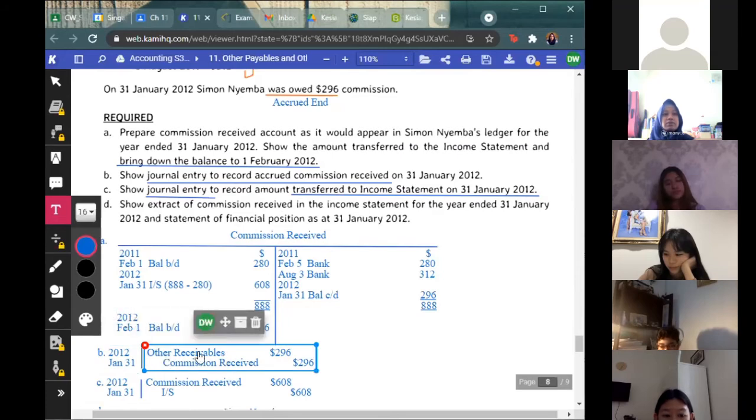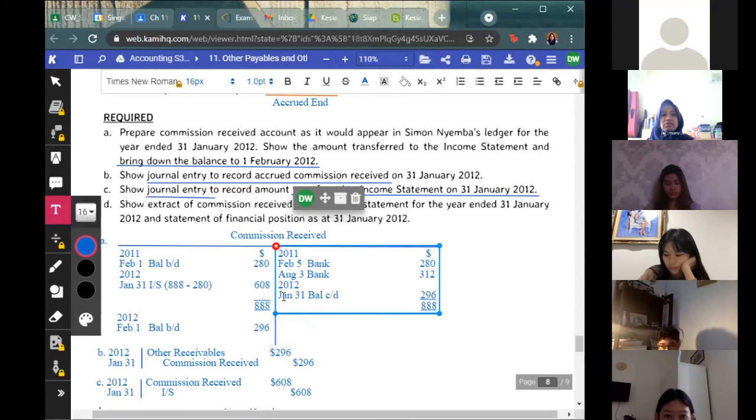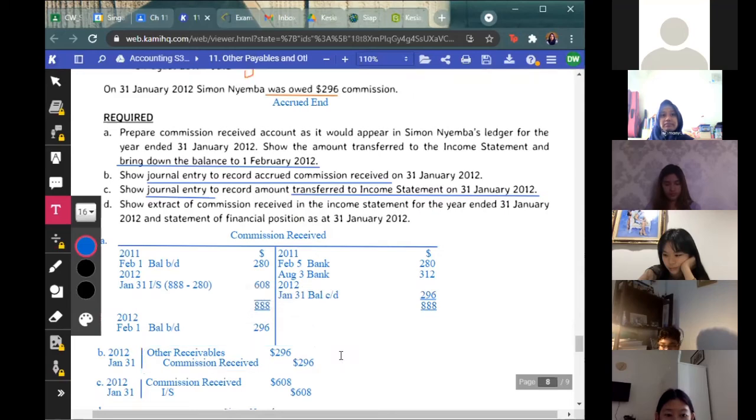I put other receivables, and on the credit side is the name of the income, which is commission received. The amount I have to put here is the amount representing the other receivables. Other receivables is represented in balance CD over here, with the amount of 296. So the amount is 296.